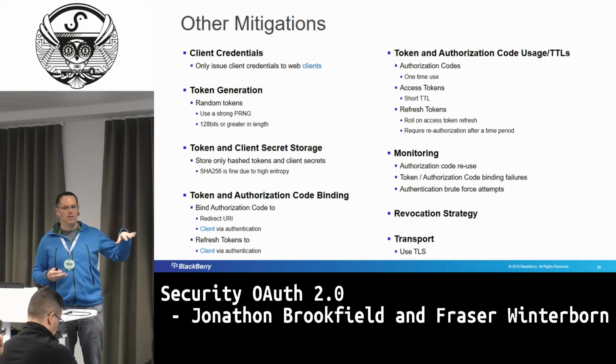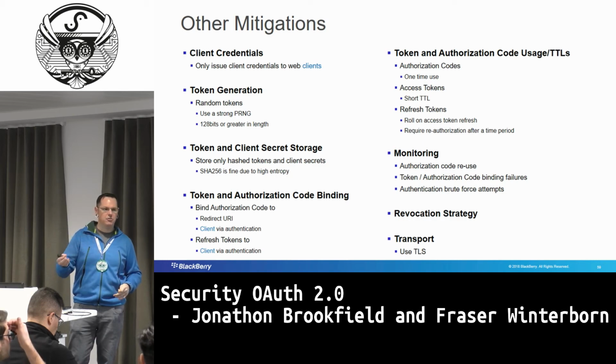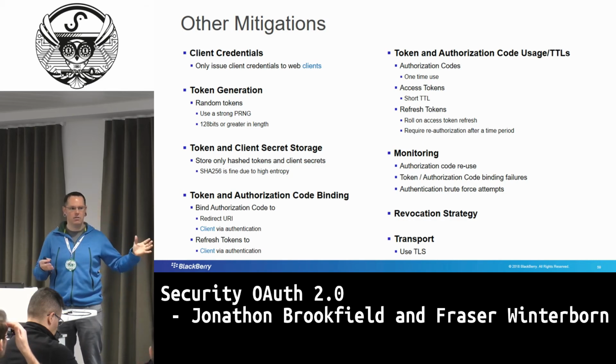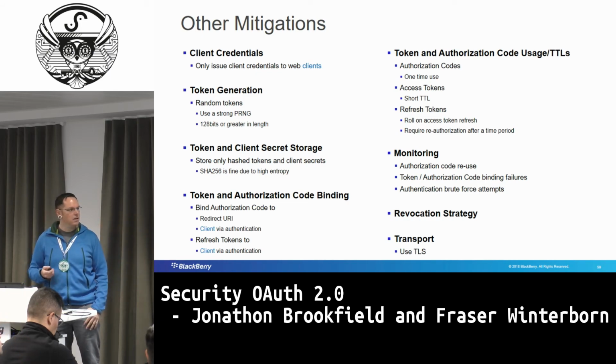Storing the tokens and the client secrets, they should be hashed. If they're sufficiently high entropy, so 128-bit random numbers, they don't actually need to be hashed using something strong like bcrypt, just because you can't brute force 128 bits, so you could use something quick like SHA-256.